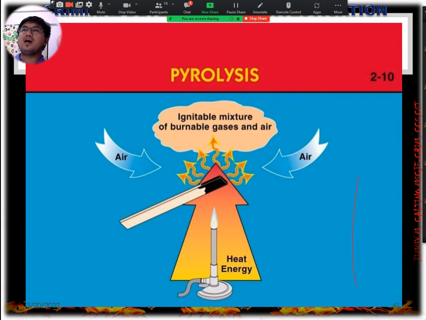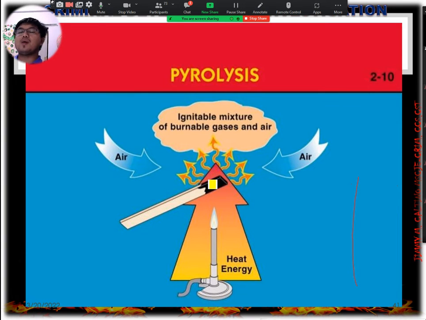So, another simple illustration of how is the pyrolysis. Okay? As you can see here, gentlemen and ladies, there is the heat energy that tries to bring the wood to its ignition point. Okay? So, when the ignition point is reached, it tries to decompose itself.